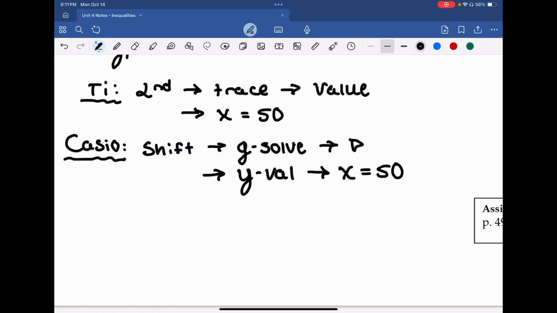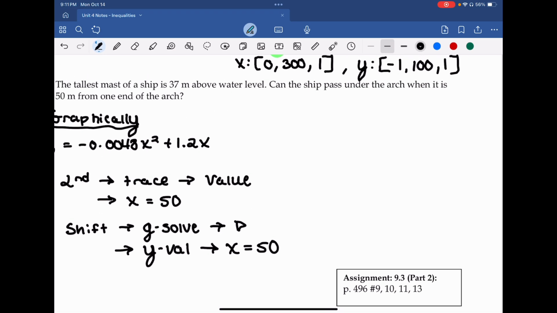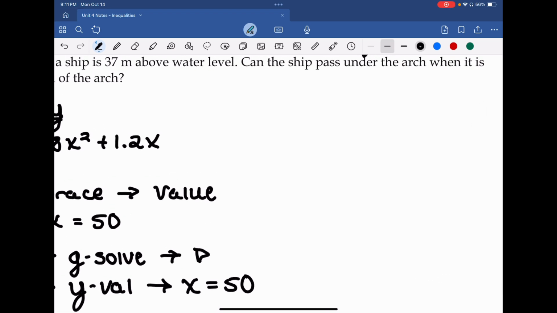We're going to put in x being equal to 50 in order to solve for that y value. So this will give you whatever the y value is at that point being 50 from the edge, whether it be left or to the right, but in this situation, specifically to the left. But because we know it's symmetric, it can be the same. What we're going to do is then do the algebraic approach, and we're going to actually figure out what this value should be when we do it in our graphing calculator.